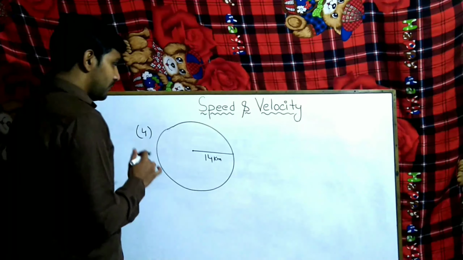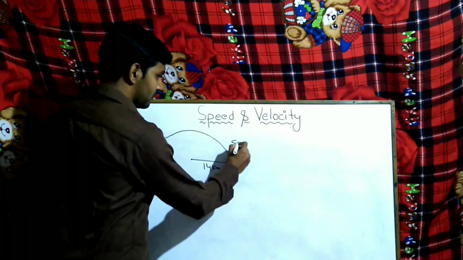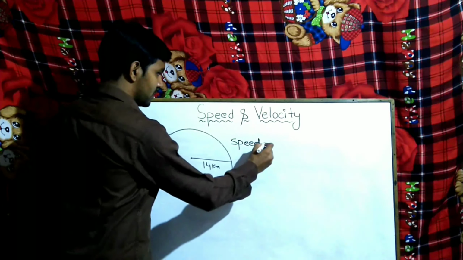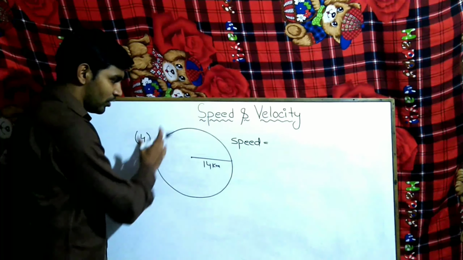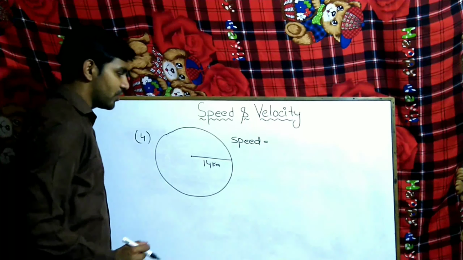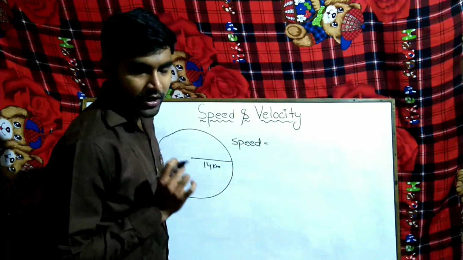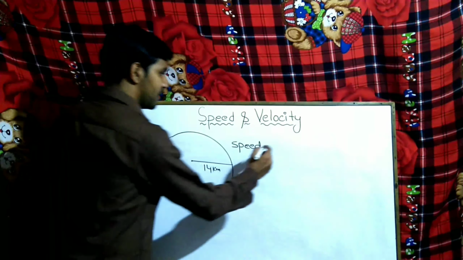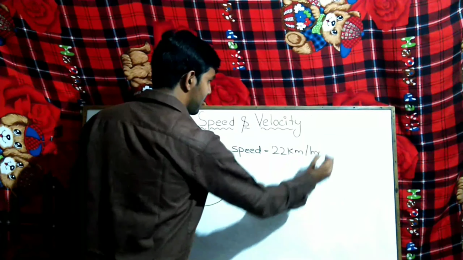Now the speed is given: a body moving in a circular path with a radius of 14 kilometer with a speed of 22 kilometer per hour.